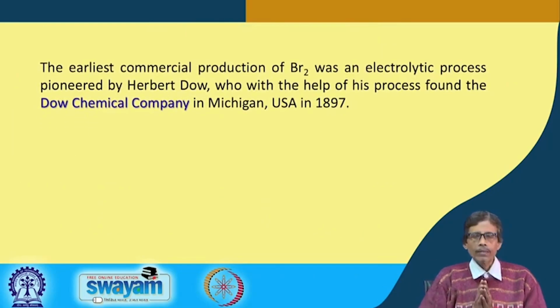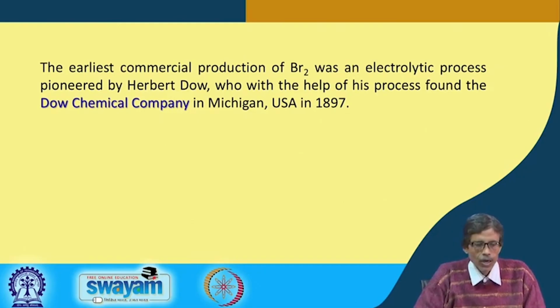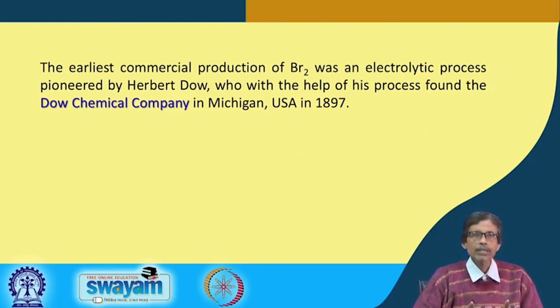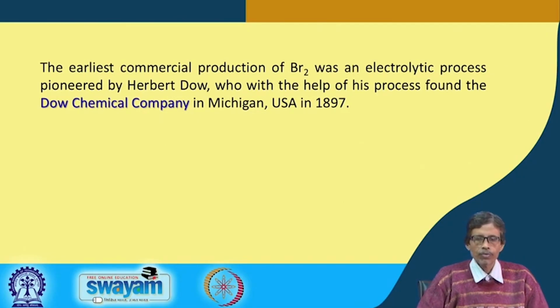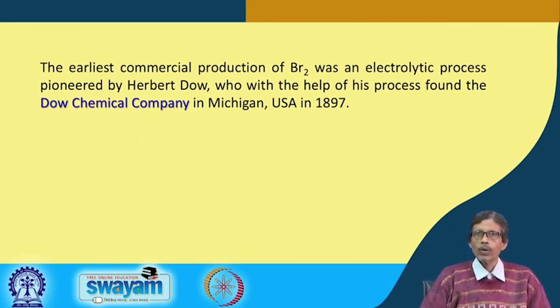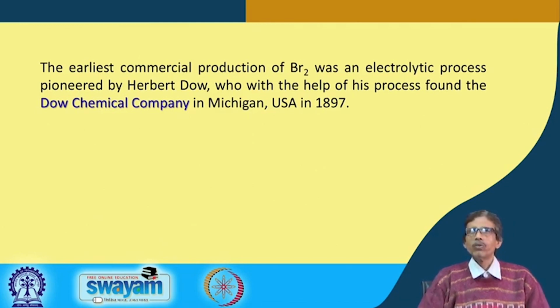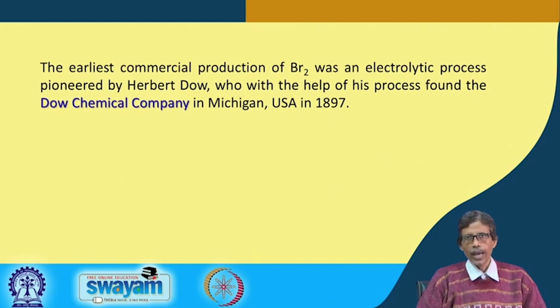So, what we see is what people started basically long back in this sort of activity. If you have a huge amount of the corresponding bromide salt supply, whether you are importing from another country or you have it in your own country or nearby supply, or some industry is also producing the corresponding bromide salts, you can take all these for getting the pure amount of bromine, because bromine is a very useful material.